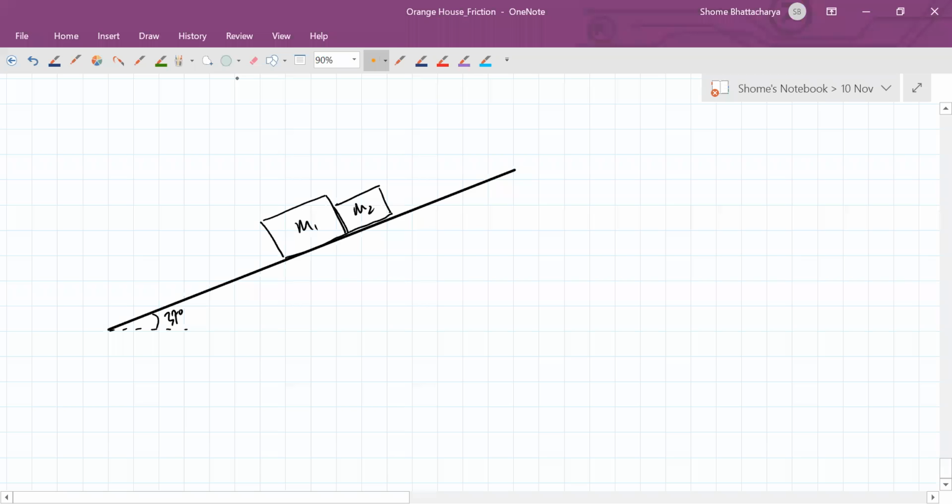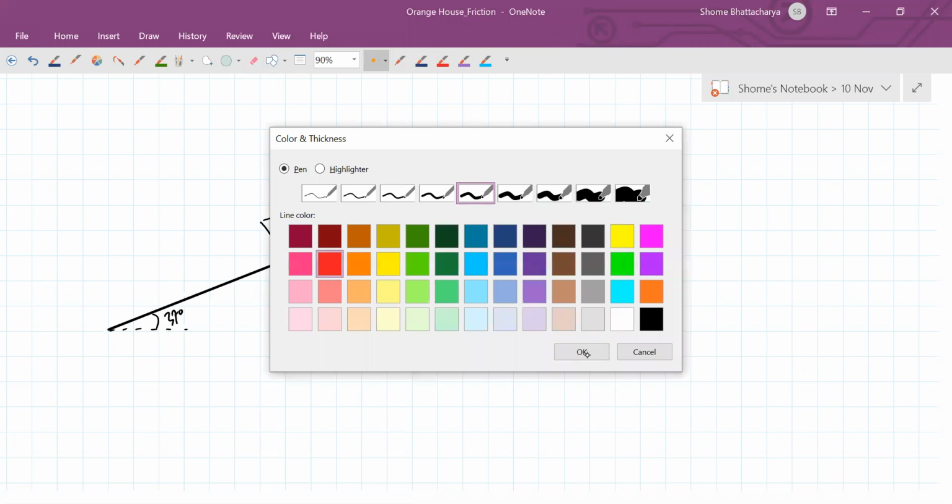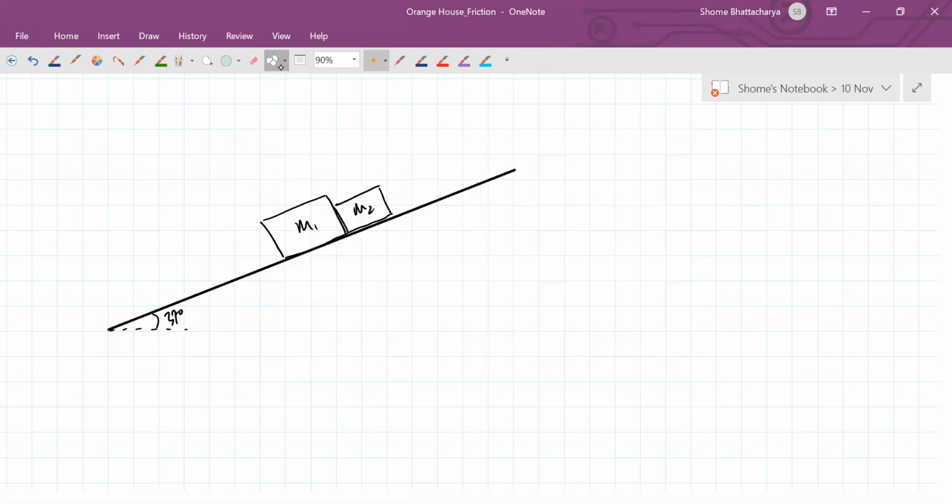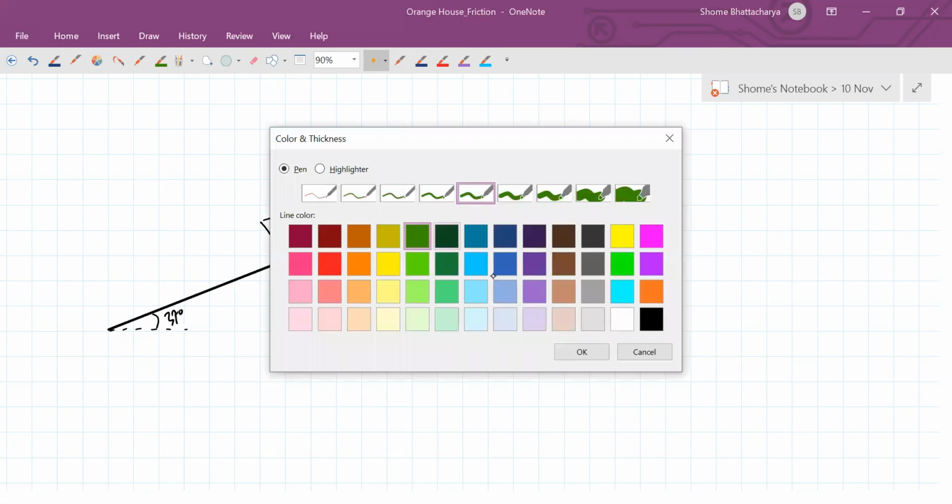We know that because mu2 is less than mu1, this block will be pushing against that one. So M2 will apply a downward pushing force on M1, and M1 will apply an equal and opposite upward pushing force on M2. So there will be a contact force between them, like this. And of course friction will be acting on both of them up the inclined plane.